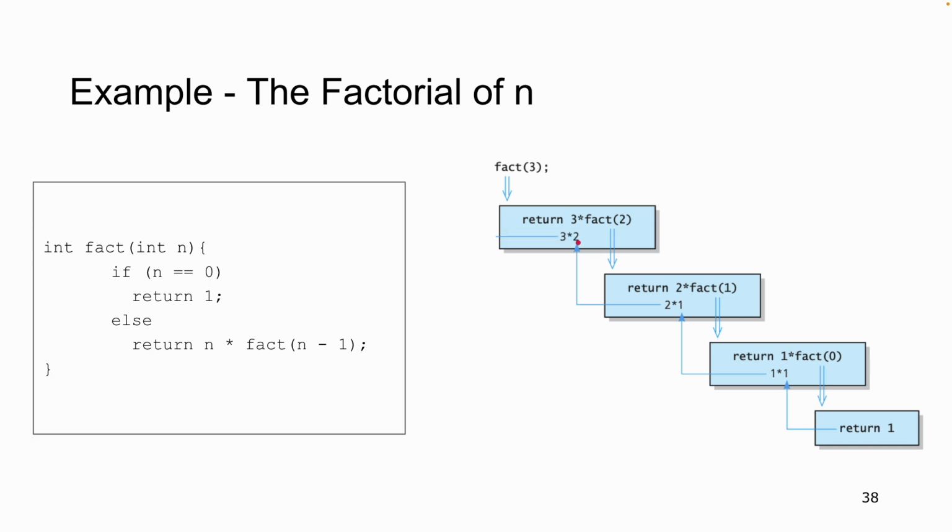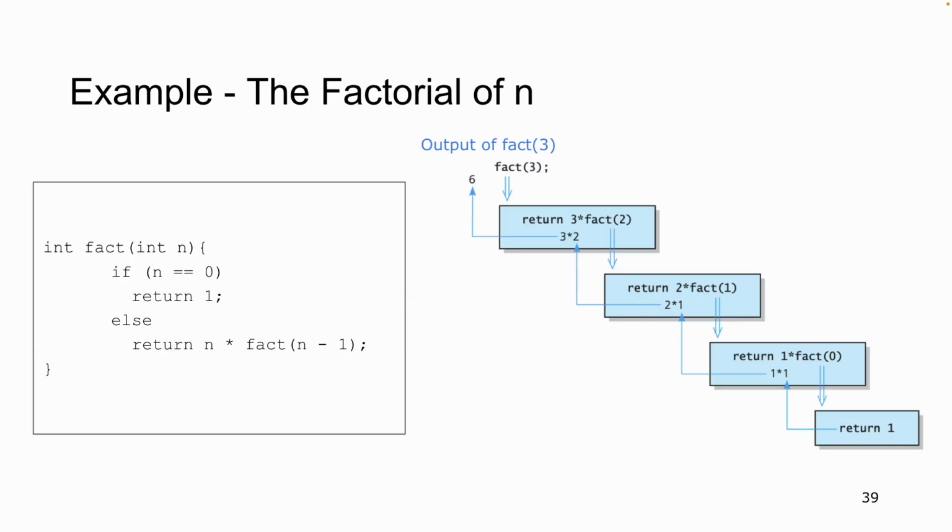When we return to the first layer, we know the return value of fact 2 is 2. So we just multiply 3 by 2, and then we return to the function call of fact 3. So the output of fact 3 is 6.